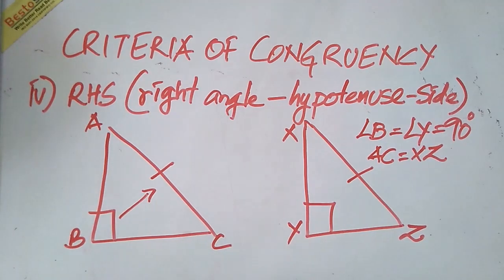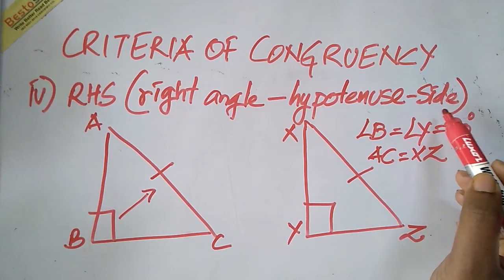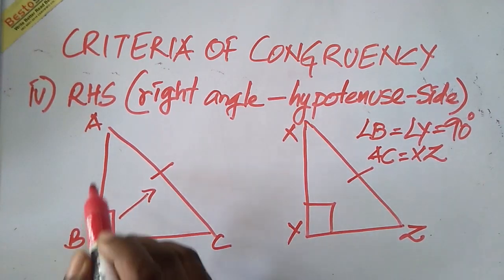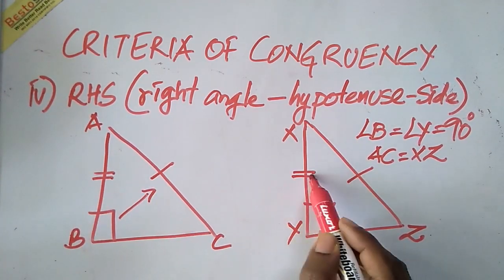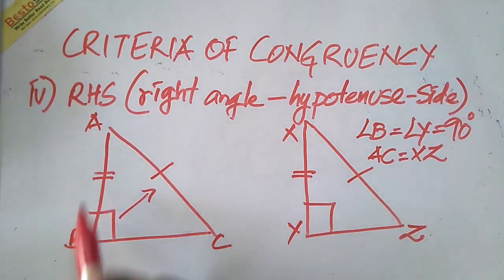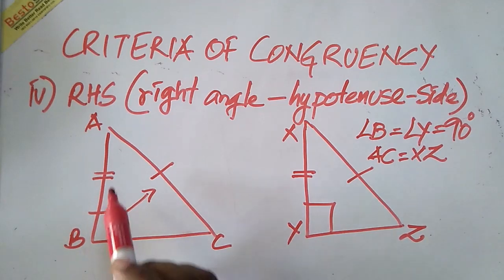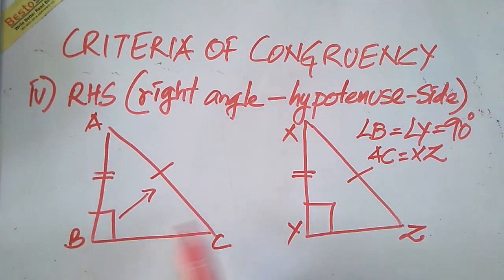Hypotenuse. And the third point here is side. One of the corresponding sides should be same other than the hypotenuse, because the hypotenuse is already equal. So let us put any one of the sides same. It can be even AB or BC. In this example I'm showing you that corresponding side AB is equal to corresponding side XY.